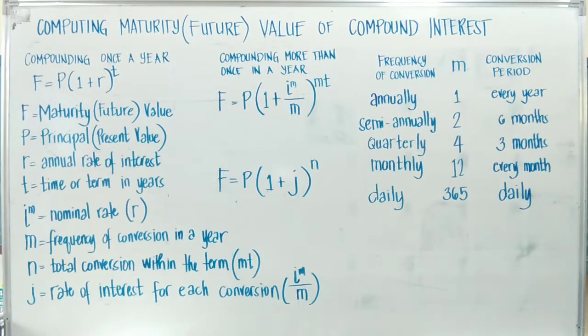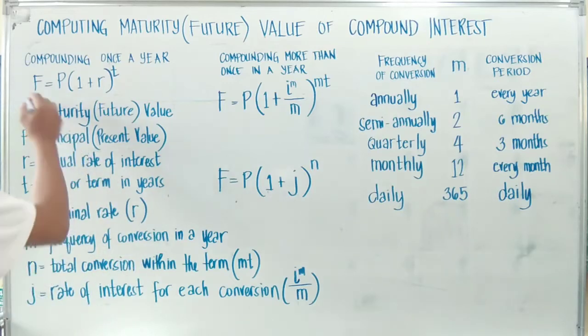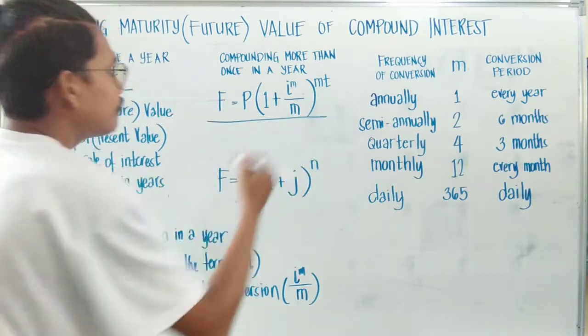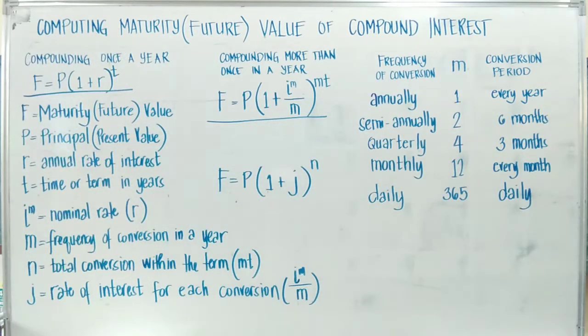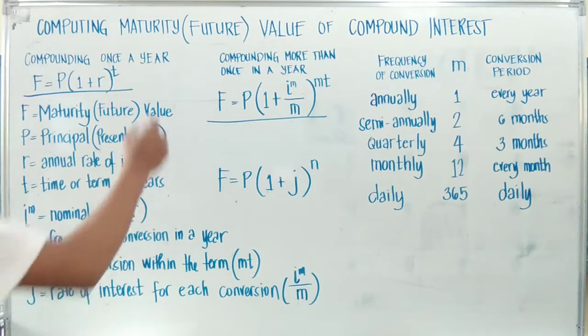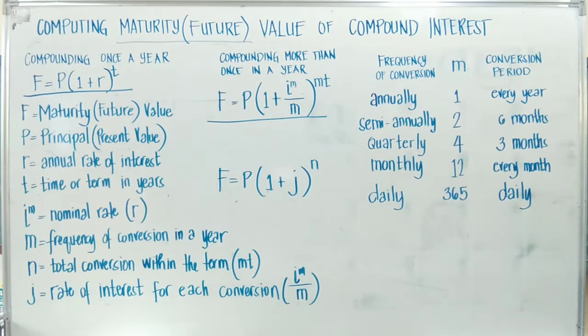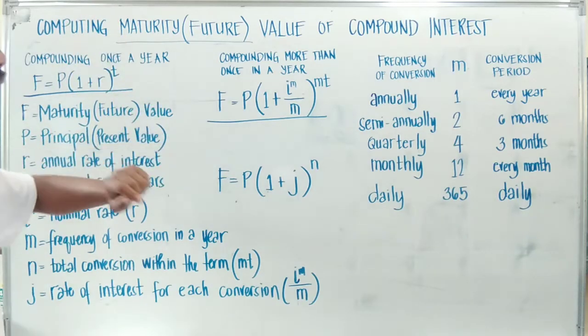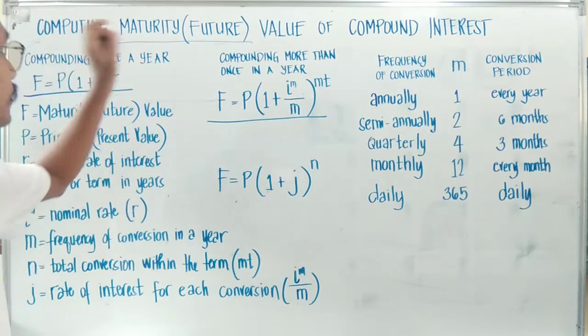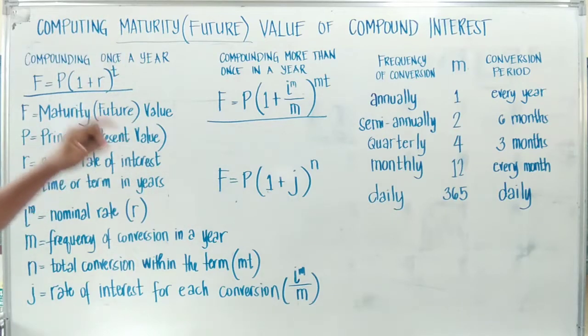So on the board, I have here some equations or formulas in dealing with computing your future or maturity value. Again, for those who are not acquainted with it, maturity value, or future value, is another term for maturity value.